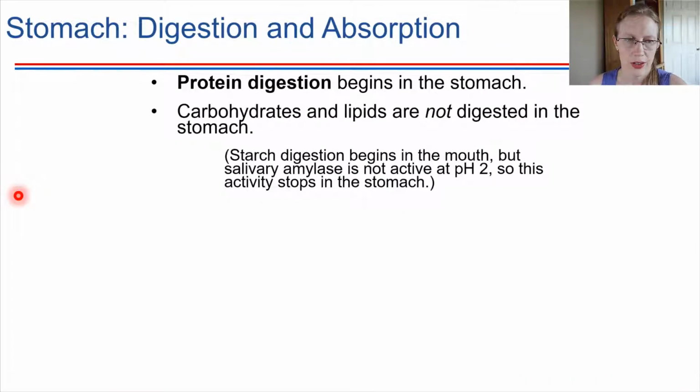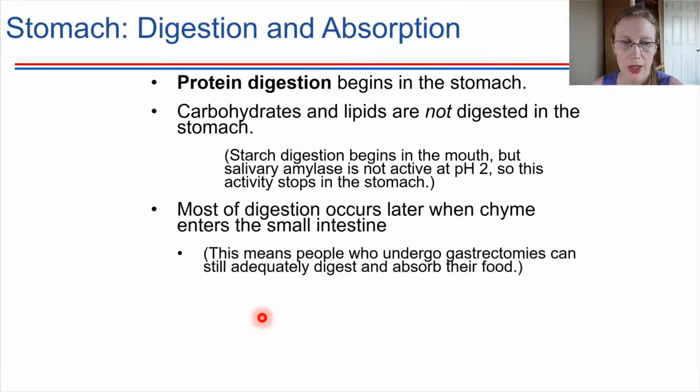As far as digestion goes, there's not really a whole lot of digestion taking place in the stomach, just proteins. Proteins are being digested. Carbohydrates and lipids are not digested in the stomach. They just hang out until later on in the digestive tract. Most of digestion is going to take place in the small intestine once the chyme enters the small intestine. And there's an interesting aside from this.